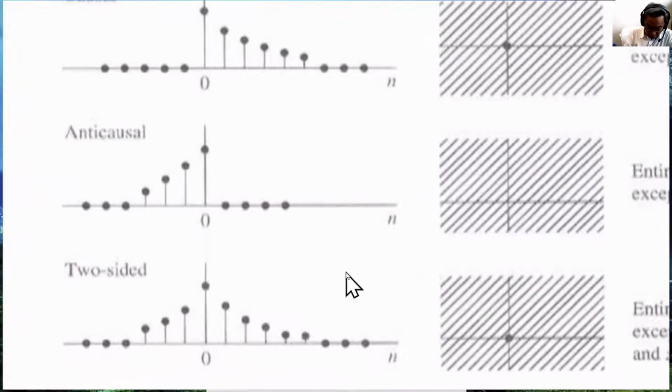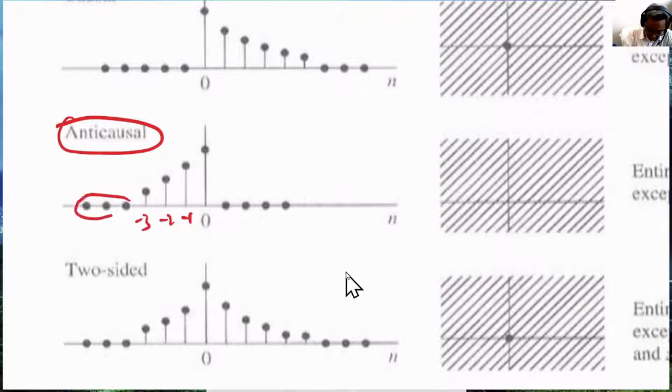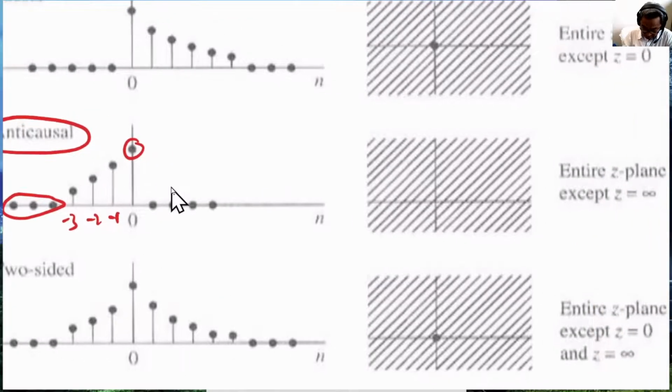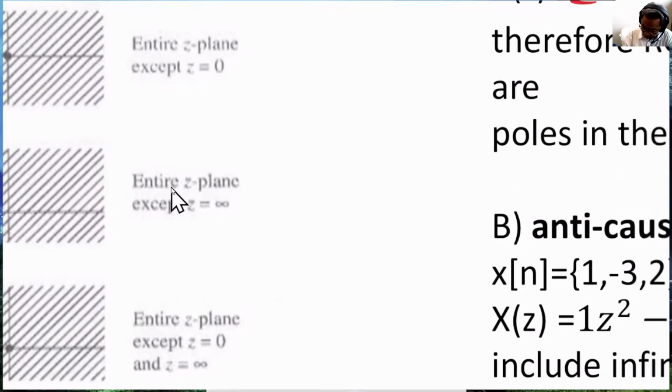Let's now continue with the second example, which is an anti-causal signal. It means that the sequence lasts from minus 1, minus 2, minus 3, and in this example, all zeros after that. We can also have a value at n equals 0 as well in this example. The Z transform of this, let's have a clear example.